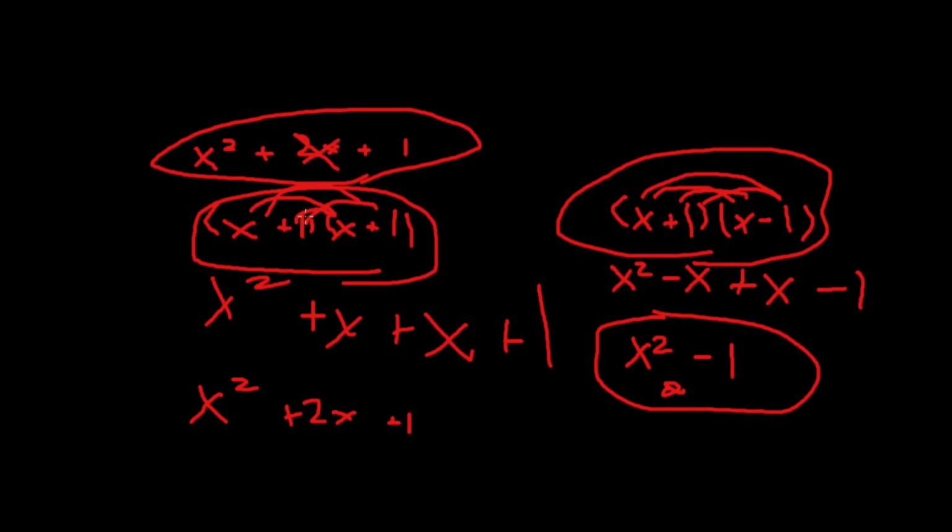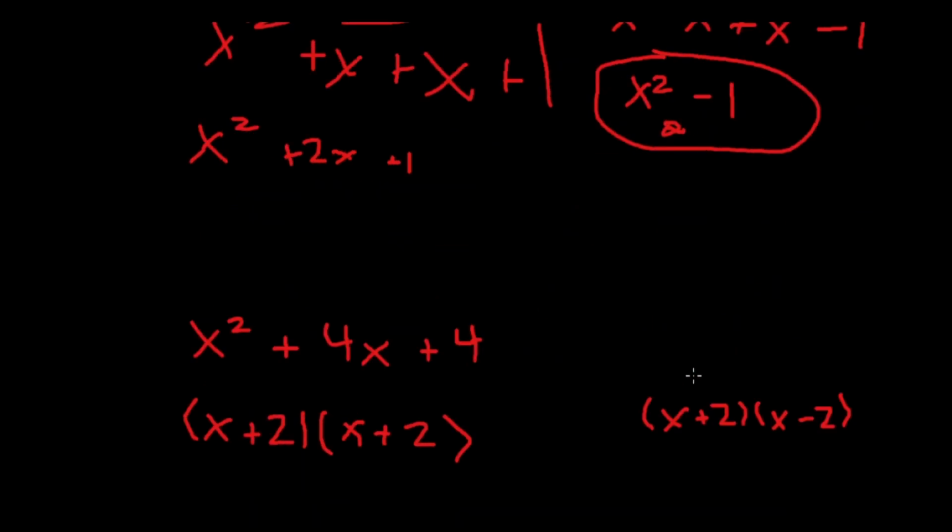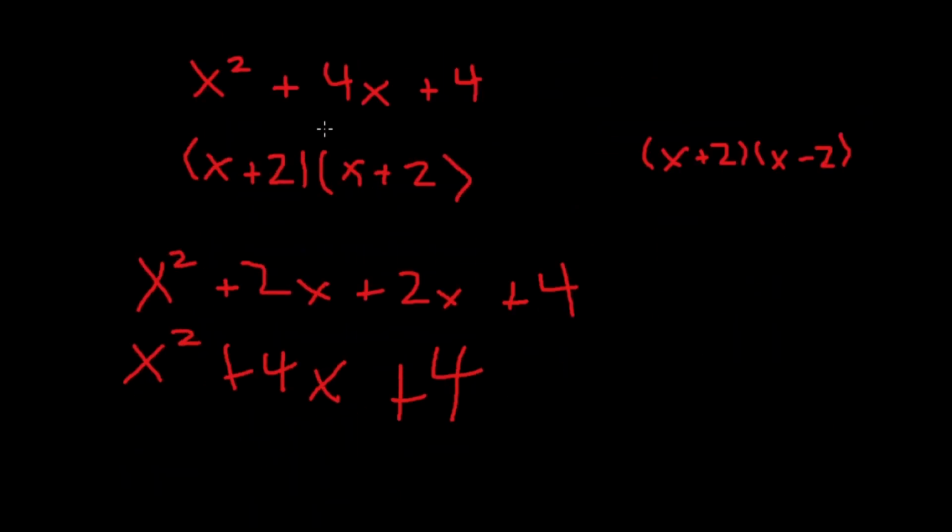When we multiplied x times 1 and 1 times x, that gave us plus x. For this one, we did x times negative 1, which is negative x, then 1 times x, which is positive x. So those cancel out to give you no b, essentially.